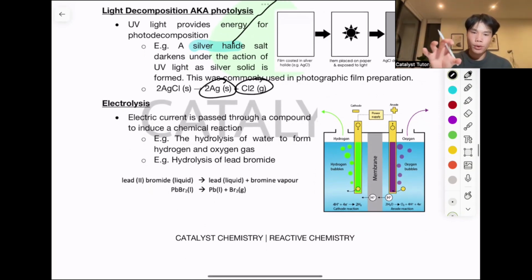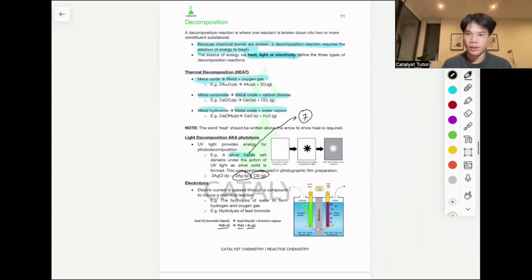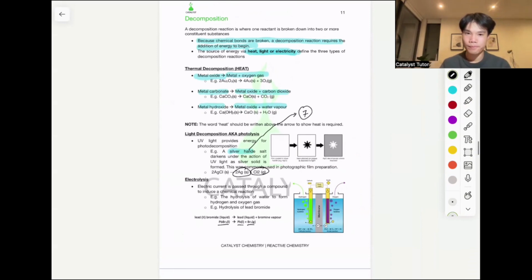So we'll talk a lot more on this. This is getting into the weeds of galvanic cells. We'll talk on this more later. But here we have lead bromide being broken into lead and bromine gas. So once again, decomposition. Any questions, synthesis or decomposition? Okay.